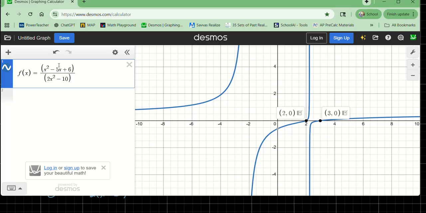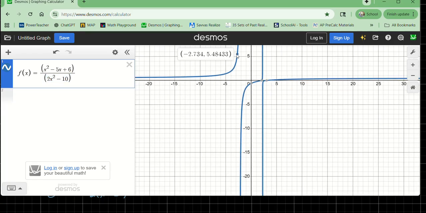So we're going to back up because it's always tough on the spot. What's the leading coefficient up top? And the leading coefficient downstairs? 2. So my horizontal asymptote, if I zoom all the way out, I should see my graph gets really close to 1/2 or 0.5. Does it look like it's getting real close to 0.5 and just never quite getting there?